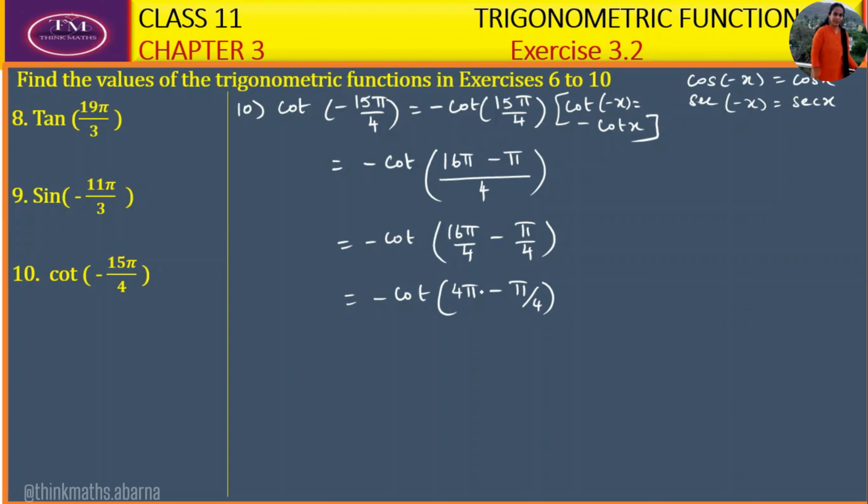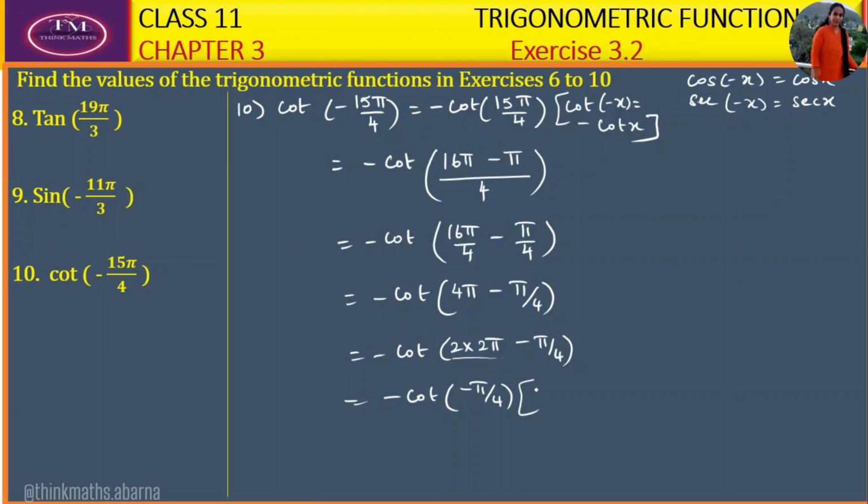If you get an even multiple, we can write it as 2 into 2 pi minus pi by 4. What do we know? All trigonometric functions repeat after an interval of 2 pi. So we can ignore this. So it is minus cot minus pi by 4.